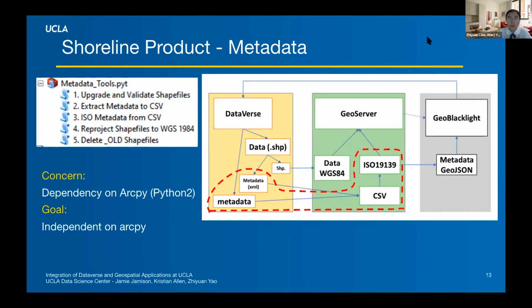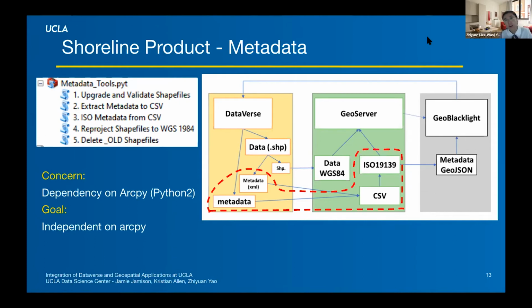When we moved forward, we identified some problems, and we tried to find solutions. The top left is an image of the metadata tools provided by UCSB and UCSD folks. They provided valuable knowledge and input to extract the metadata and convert it to the GeoJSON format to be ingested to GeoBlacklight.